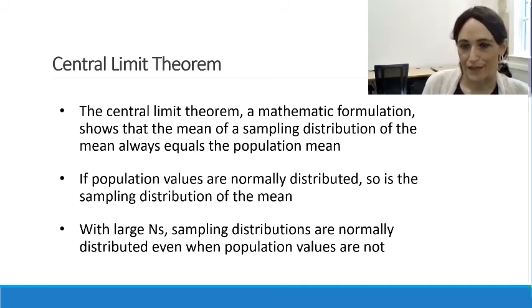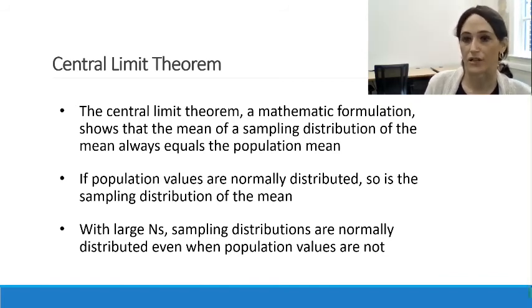Another important point is that when sample sizes are large enough, the sampling distributions are normally distributed even when the population values are not. Okay, so even when we're starting to sample something like a proportion where it's not normally distributed, we can assume that the values that we would get as estimates of the population would follow roughly a normal distribution.